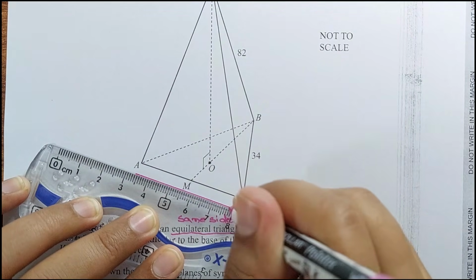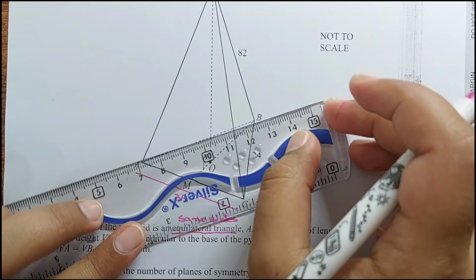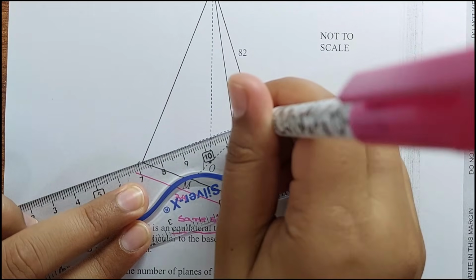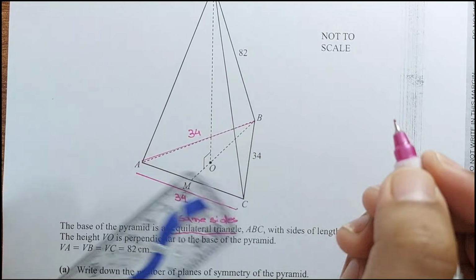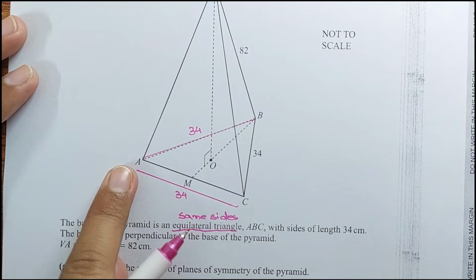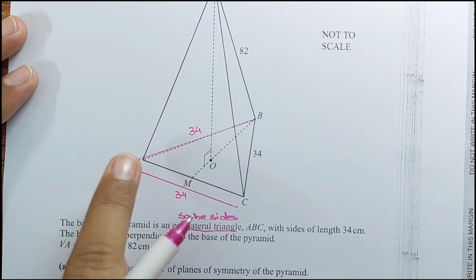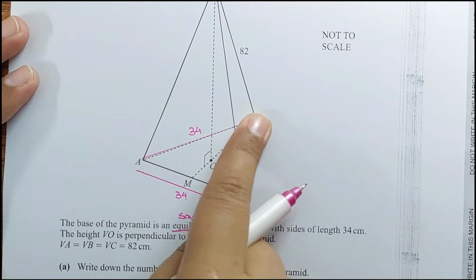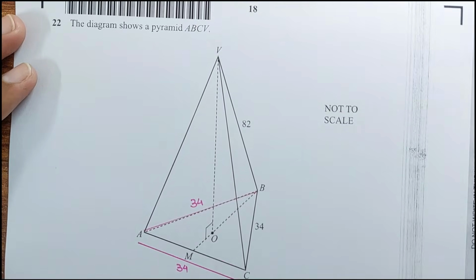This side length is 34, and this AB side length is also equal to 34. Further, we have ABC. This is an equilateral triangle, that is a base, 34, 34, 34, with a side length of 34 centimeter. The height VO, where is the height?